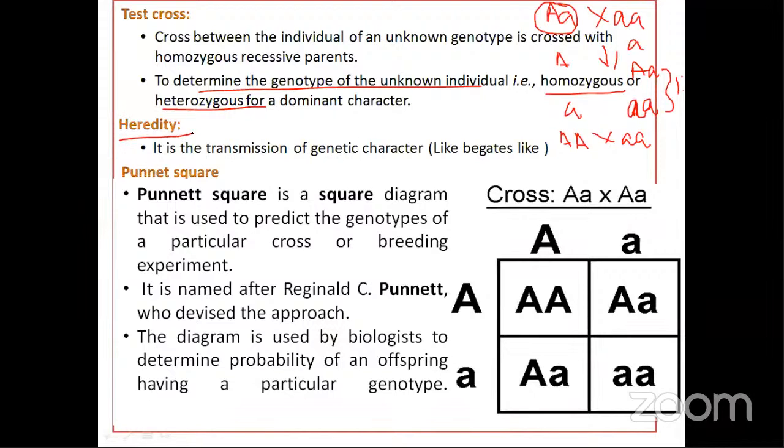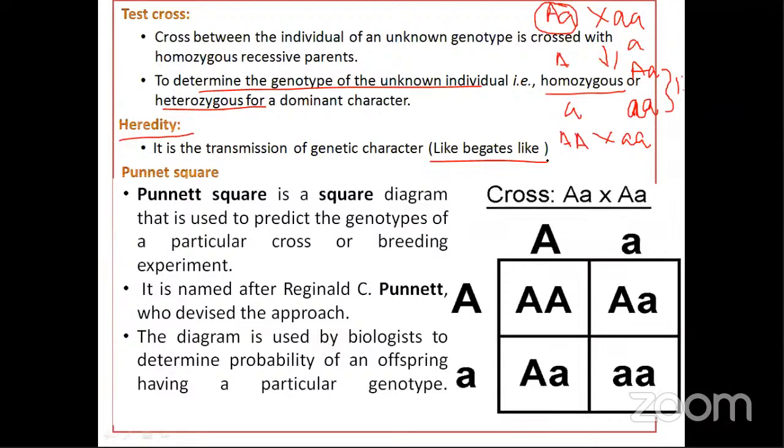Then heredity denotes the transmission of genetic characters, that is, how characters are transmitted from one generation to another. There is a famous statement, like begets like: humans always give rise to humans only, not chimpanzees or monkeys.